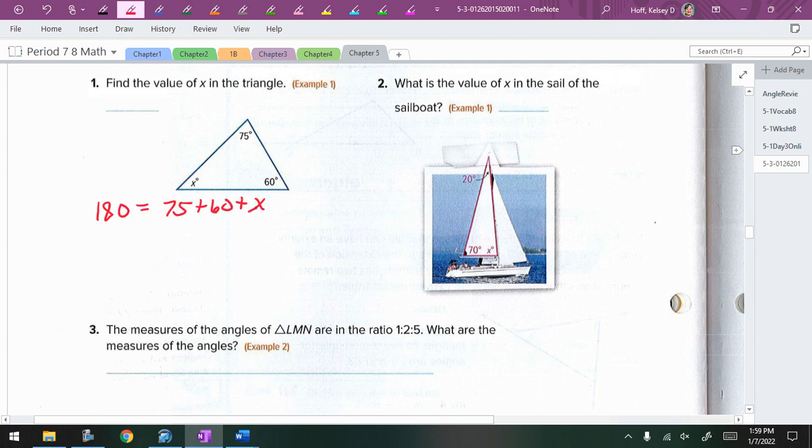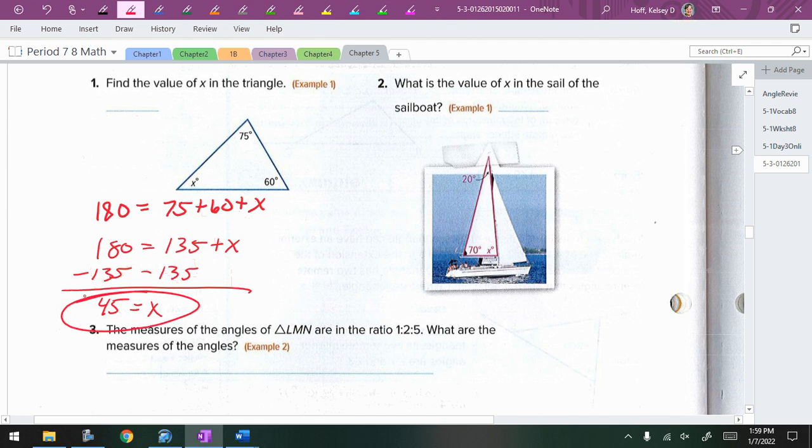Now, some of you put 75 plus 60 plus x equals 180. Are you going to get the same answer? Yes. Nicely done. You combine those to get 135. Then you subtract 135 to the other side. X ends up being 45. Nicely done. This is what I mean. You have to have an equation.